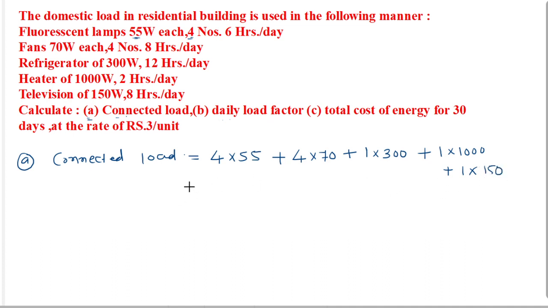After calculating 55 multiplied by 4, that is 220, plus 280, plus 300, plus 1000, plus 150, and after summing all this, you get the answer 1950 watt. That is the total connected load for this residential building.